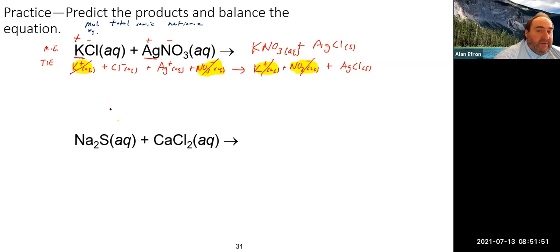And that is going to leave us the net ionic equation, which is silver plus chloride goes to silver chloride here. And this would be our net ionic equation. Any questions on any of those three equations, how we got them or anything like that?